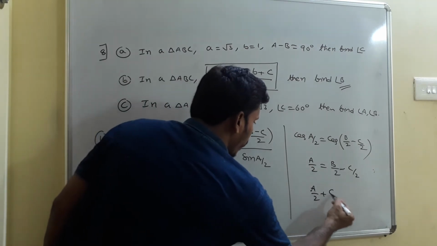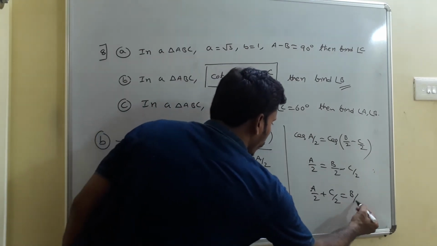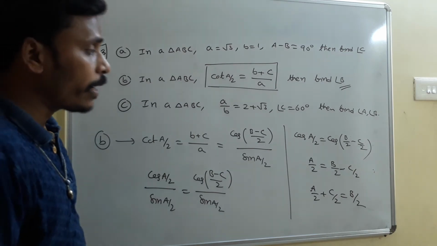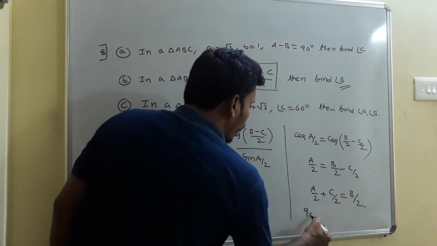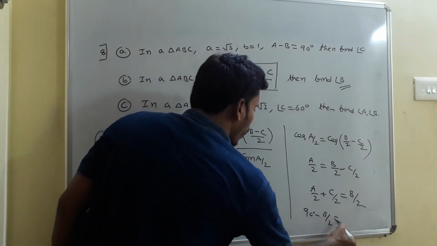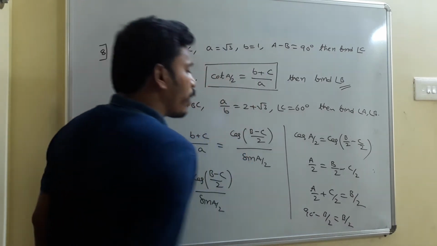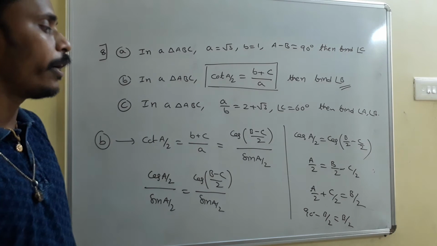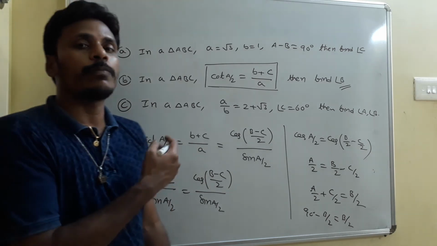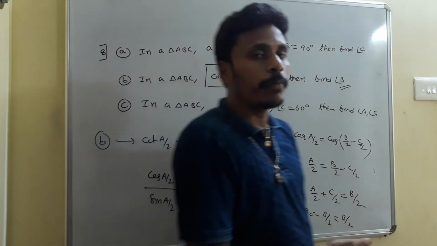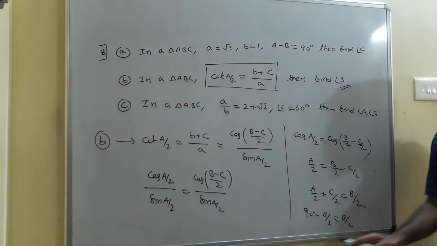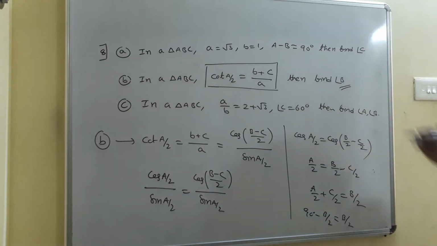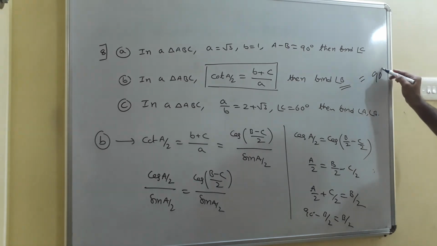A by 2 plus C by 2 is equal to B by 2. And as I mentioned, A by 2 plus C by 2 is nothing but 90 degrees minus B by 2. And at the end, 90 minus B by 2 is equal to B by 2. If you send this minus B by 2 that side, it becomes B by 2 plus B by 2. And from there it is very clear that angle B is 90 degrees. So just have a look, and your answer for this problem is 90 degrees.